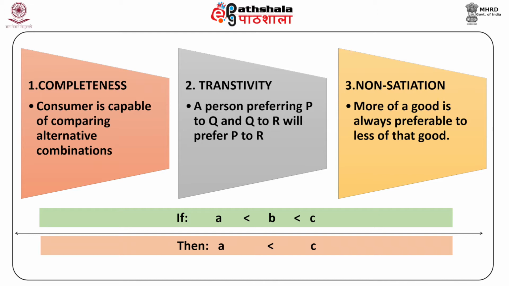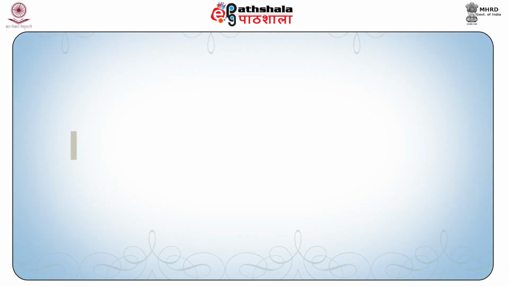More of a good is always preferable to less of that good, or put differently, more is better. Other things remaining constant, the assumption implies that the individual is not already oversupplied or oversatiated with any good and that the good is desirable.